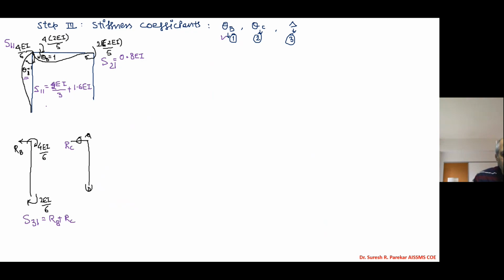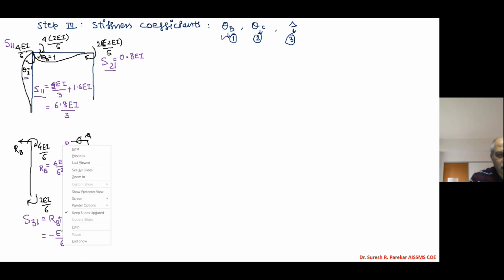If we solve this, we get 6.8 EI upon 3. This is the value of S11, S21 is 0.8 EI, S31 is RB plus RC, RC is 0. RB we get as 6 EI upon 6 square, which is EI by 6. As it is towards the negative direction, it is minus EI by 6.